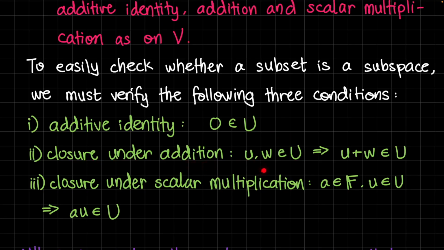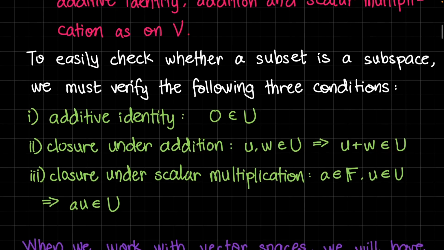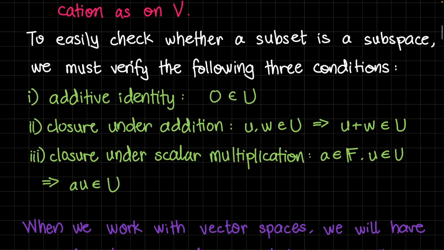So if u and w belong to the subset U, then u plus w must also belong to subset U. And similarly, closure under scalar multiplication. So if F was the field that you had in the beginning when you had your vector space, say a belongs to the field and u belongs to subset U, a acting on u should also belong to capital U. That is what it means to be closed under scalar multiplication.